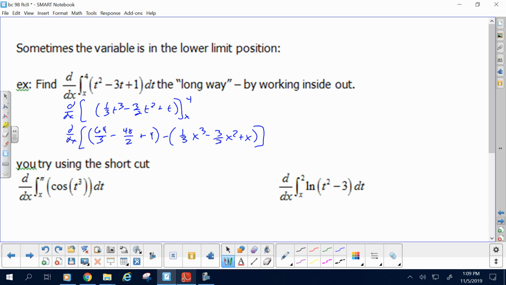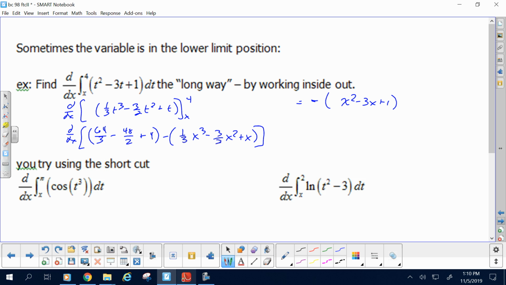And when I take the derivative, I get negative out front of 1/3 x cubed minus 3 halves x squared. No, I didn't take the derivative. Sorry, I just started rewriting. It's the opposite of x squared minus 3x plus 1.